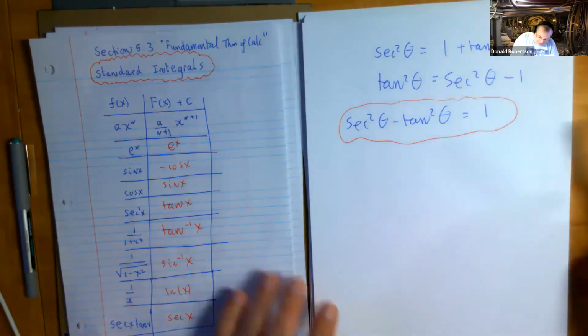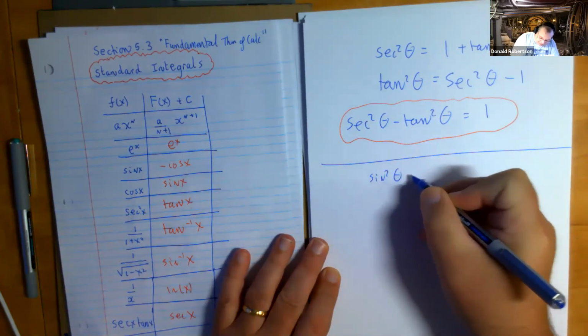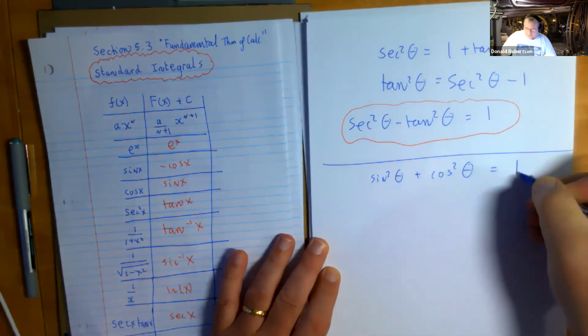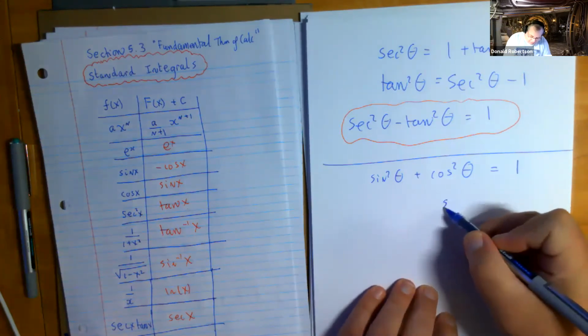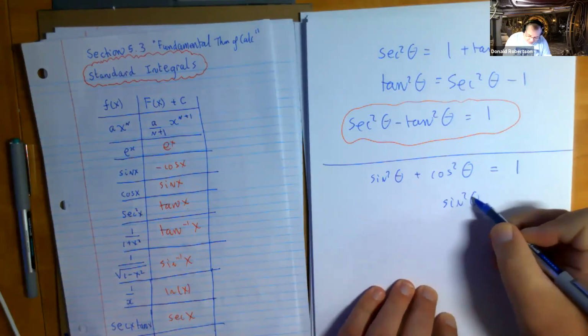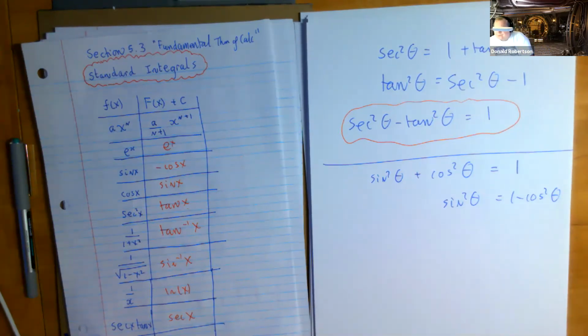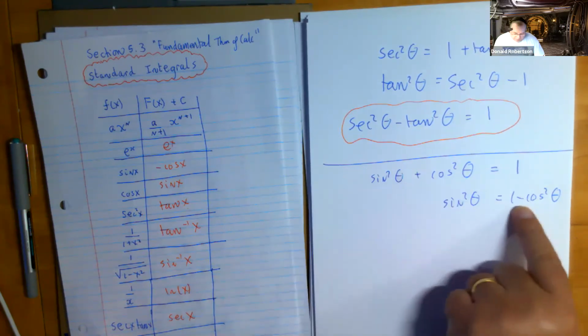Right, here's one that I think you should know. Of all the identities in trig, if you're going to know any, you know that one. You remember sine squared plus cos squared is 1. Then does it not make sine squared a 1 take away cos squared? I mean, if you just rearrange this, you'd get that.